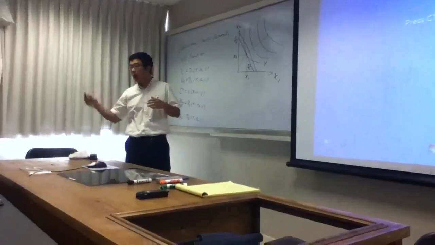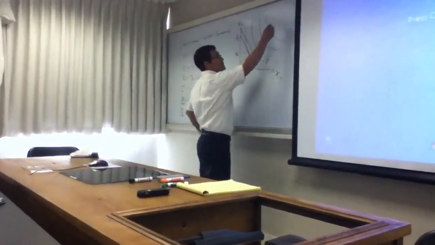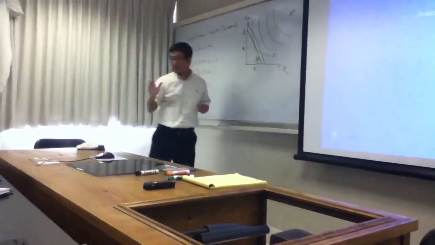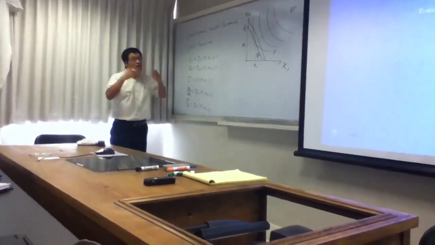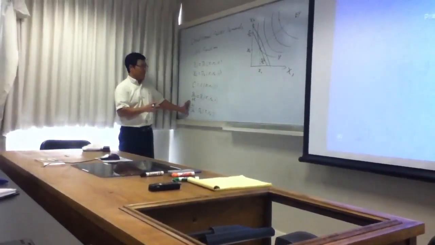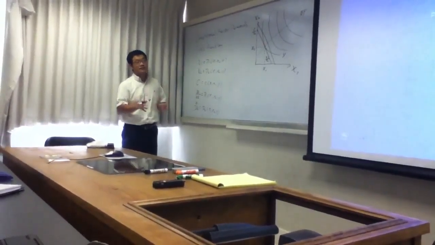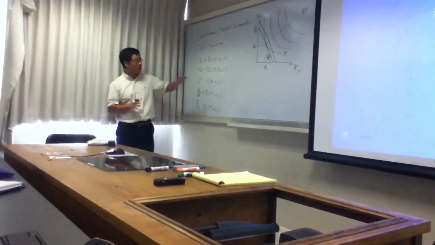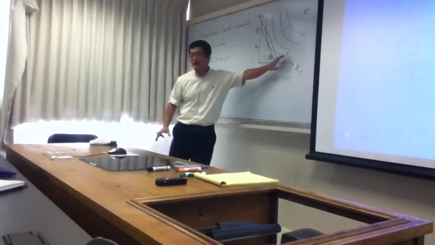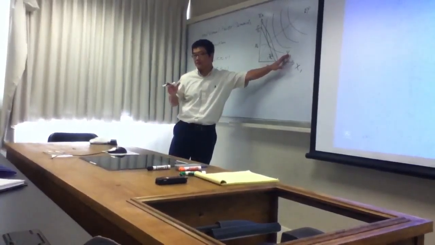Remember, when you change the y level, your cost minimizing input combination changes. So what we are going to do now is look more closely at how costs are related to y, the output target.